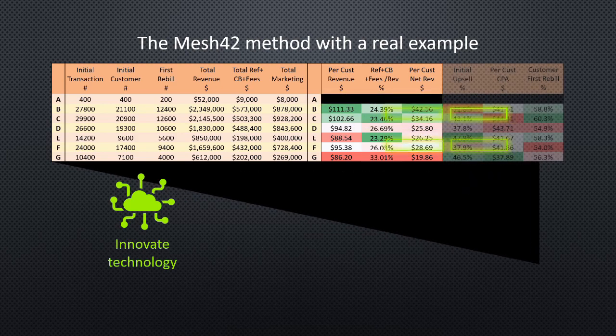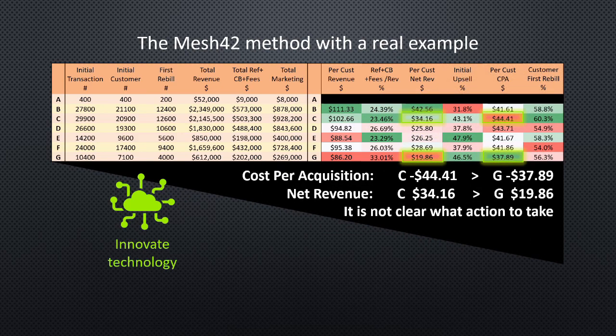These new columns, upsell percentage, cost per acquisition, and first rebuild percentage, are all standard KPIs for this business's industry. Unfortunately, these KPIs do not make it clear what action needs to be taken. For example, marketing channel C has the most expensive marketing cost per customer, but also has the highest net revenue per customer. G, in contrast, has the cheapest marketing, but also the worst net revenue.